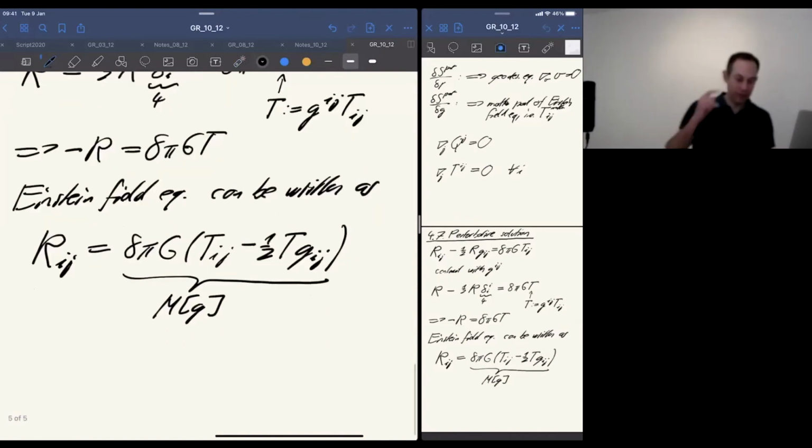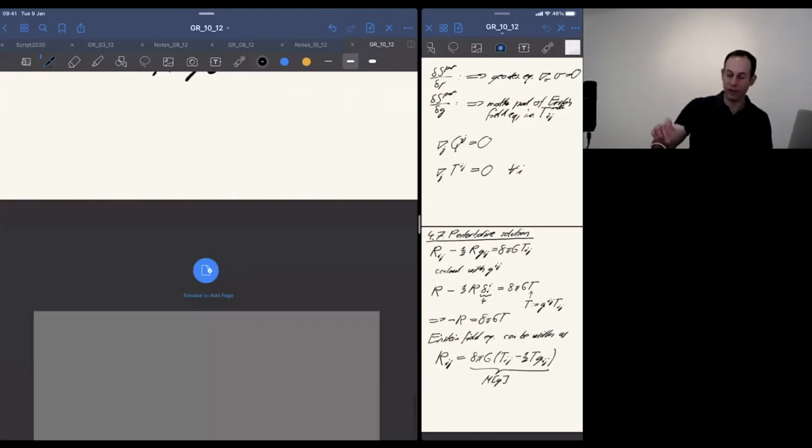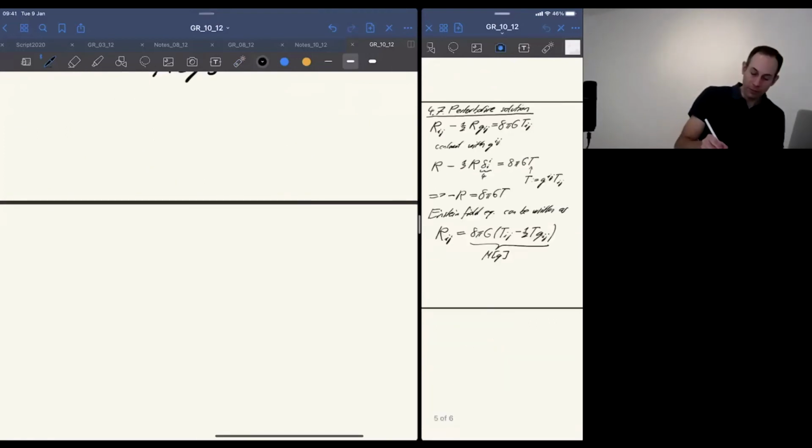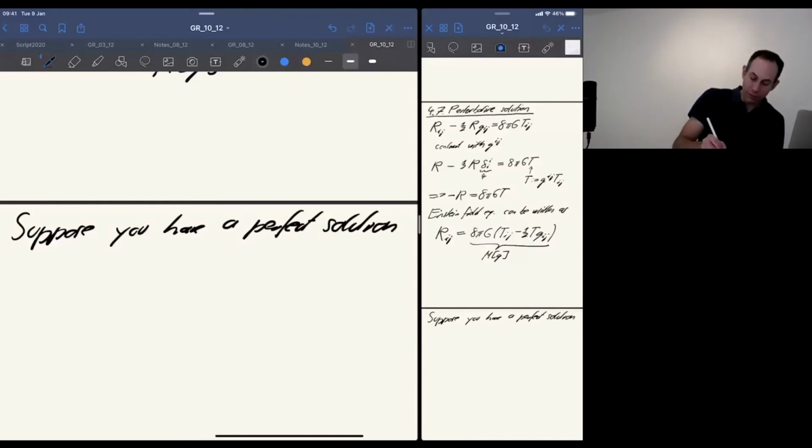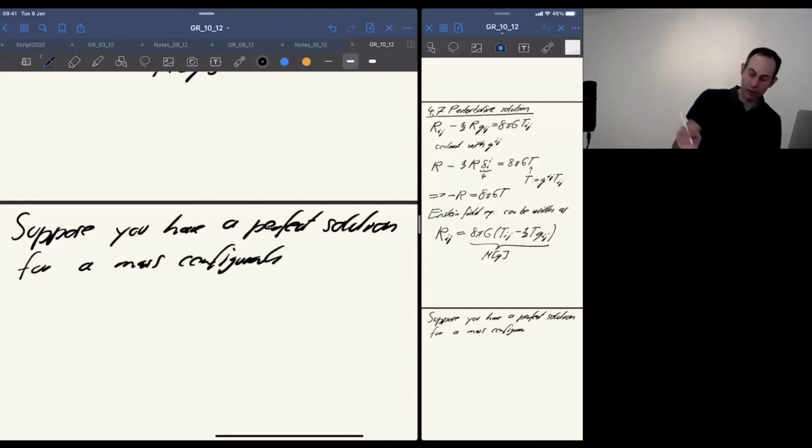So let's now see what perturbation theory in gravity is doing. Now we make certain assumptions. Suppose you have a perfect solution, an analytical solution for example, for a mass configuration, or for a matter configuration, I should say.